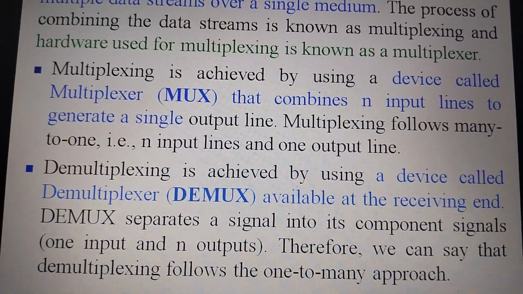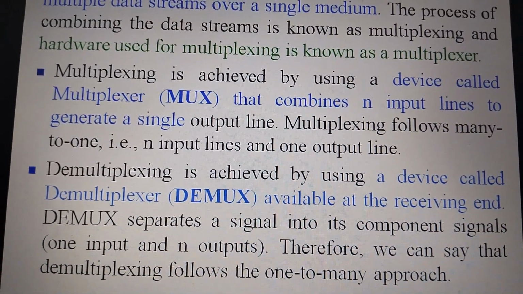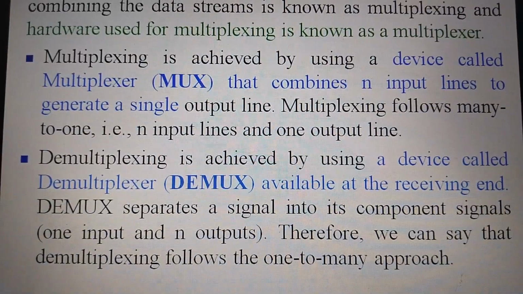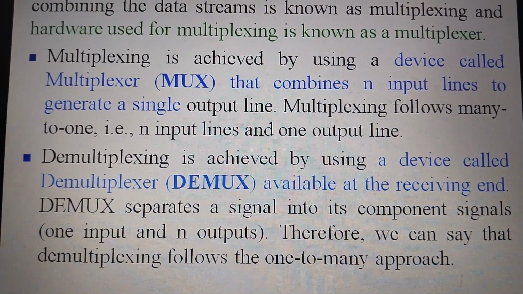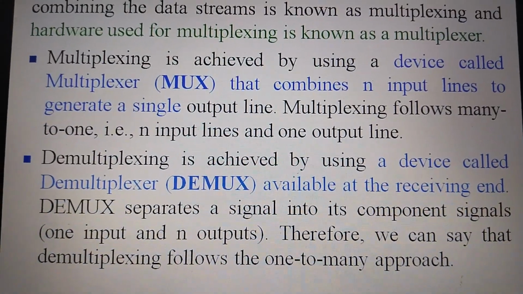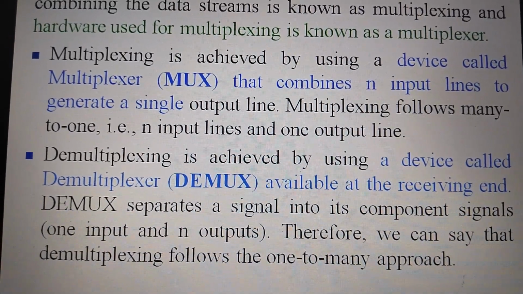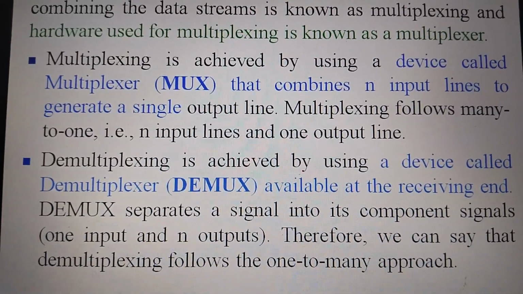The demultiplexer separates the combined signal into individual signals. It means one to many outputs, and demultiplexing is performed at the receiver side.